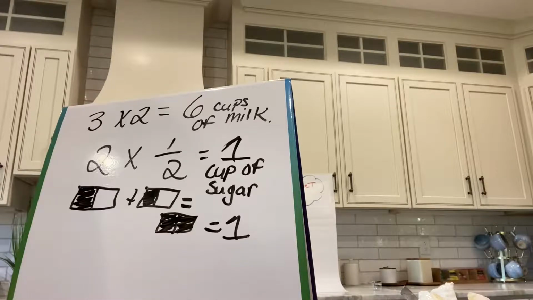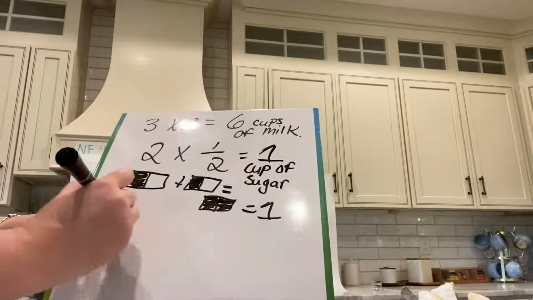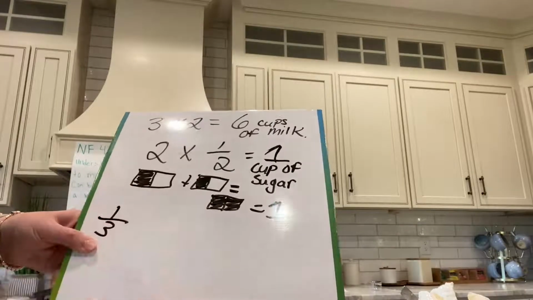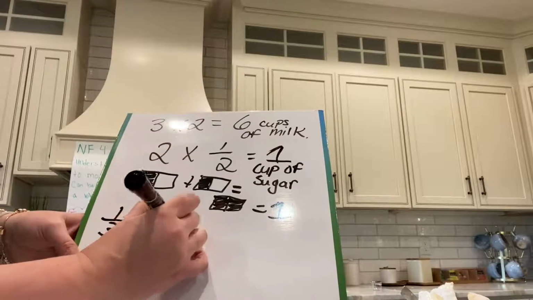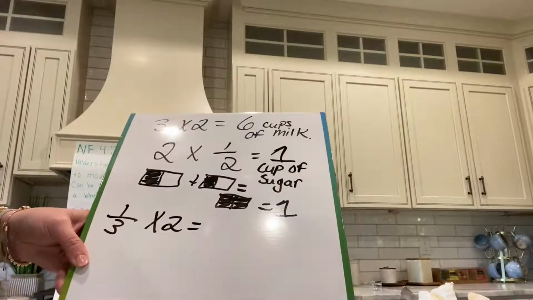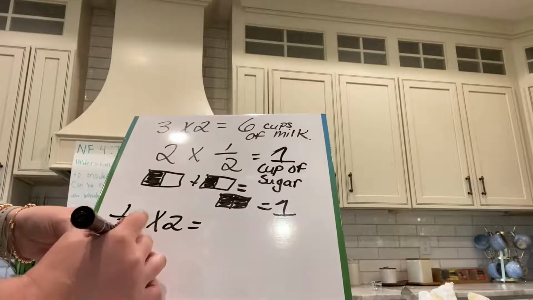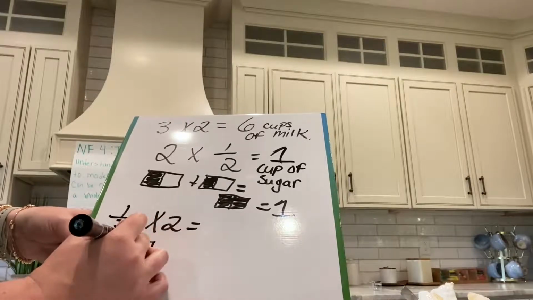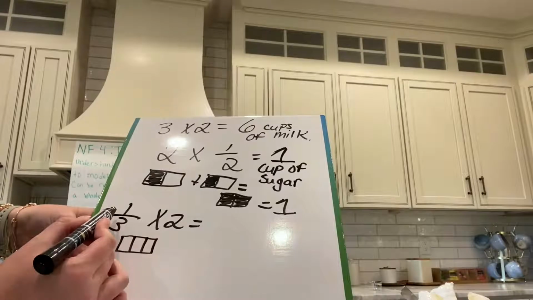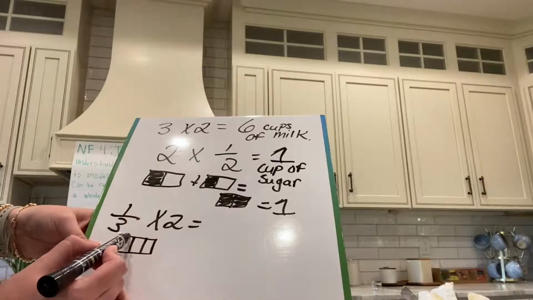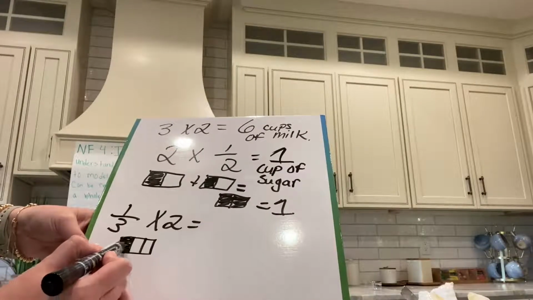All right, my next one on my recipe reads 1/3 cups of instant vanilla pudding, okay? So I need 1/3, and I'm doubling it. I'm multiplying times 2, okay? So I can draw my model and cut it into thirds, and I will shade in how many pieces of my unit fraction? 1.